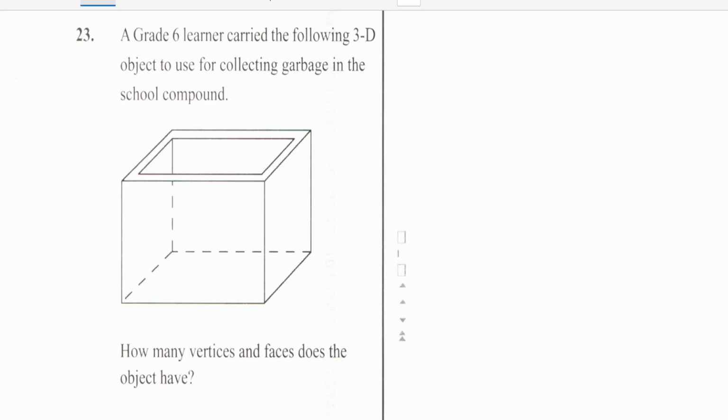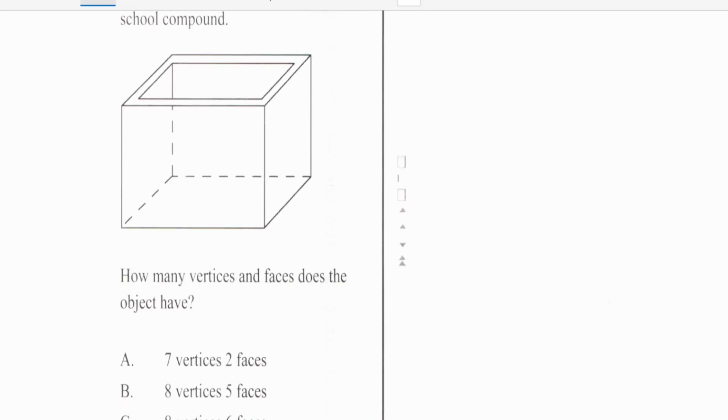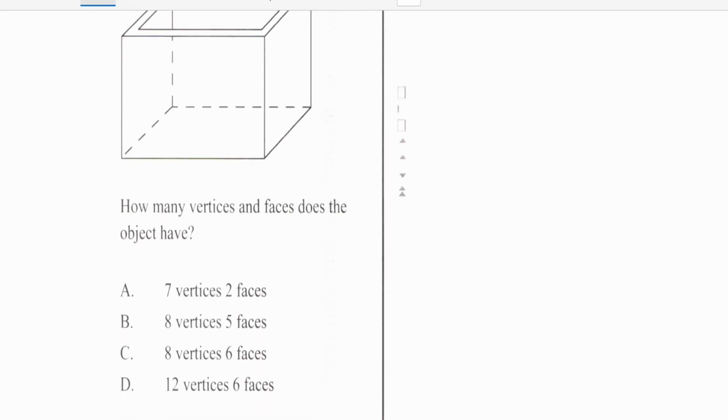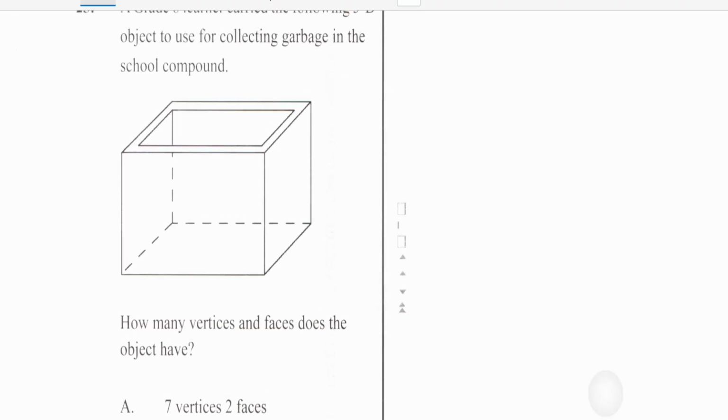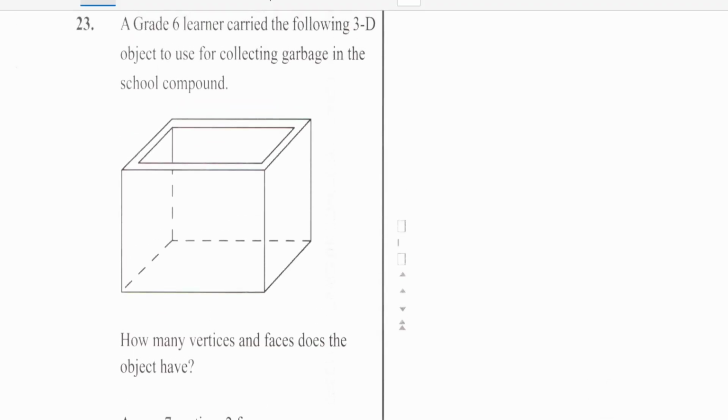A grade 6 learner carried the following 3D object to use for collecting garbage in the school compound. So how many vertices and faces does the object have? If you look at it, there's something called a vertex and something called a face. A vertex is this one. Okay, this is a vertex.